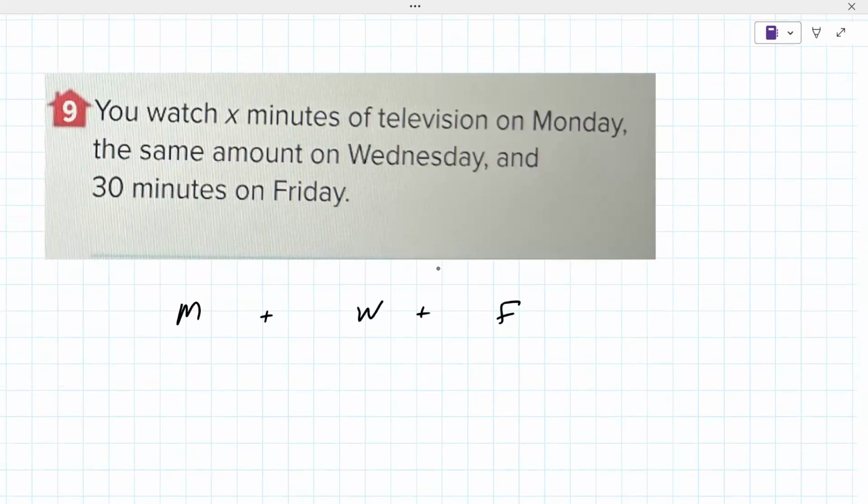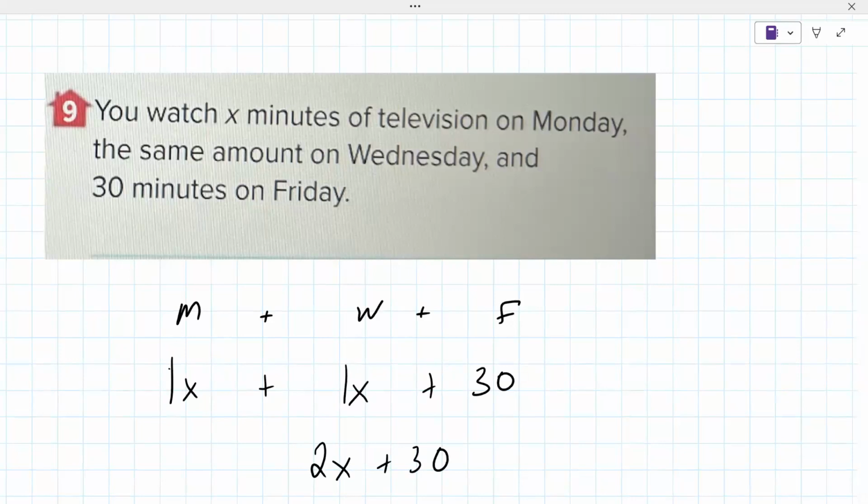It's very similar to the last one. 2x plus 30. You can write it as 1x plus 1x plus 30 if you want. 2x plus 30. That is perfect. Okay. Any questions on that before we move on to number 10? Not really. All right.